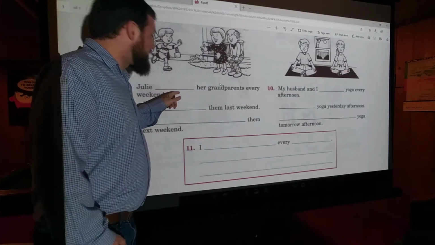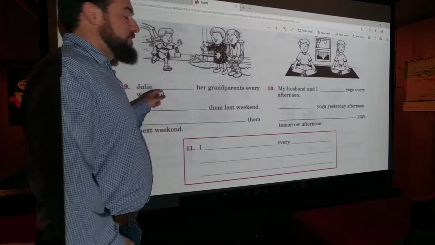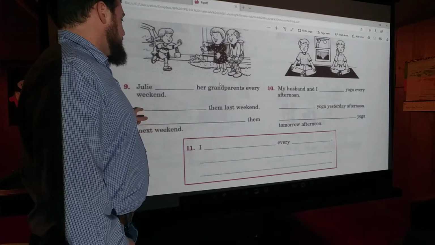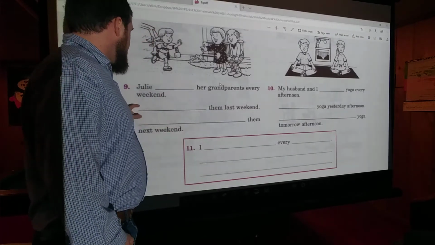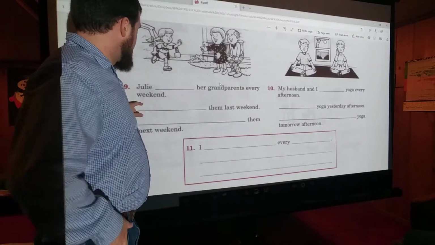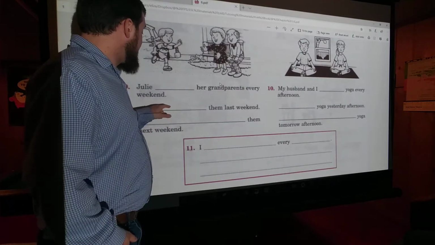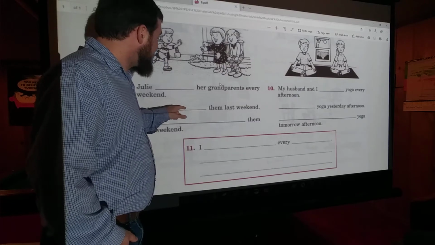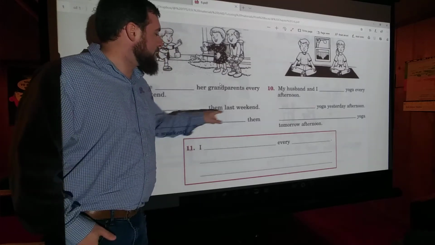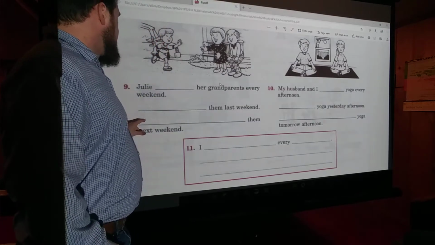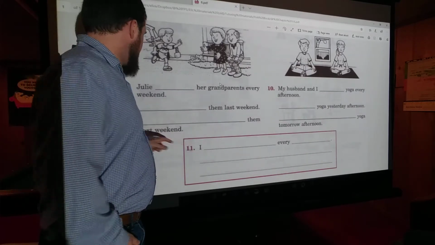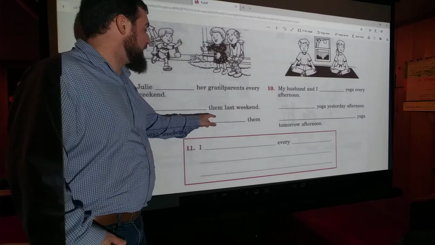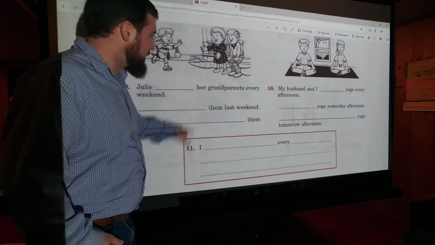V-I-S-I-T-S. Visits her grandparents every weekend. She visited them last weekend. She, capital S, she visited, V-I-S-I-T-E-D, visited them last weekend. She's going to visit them next weekend. Visit, V-I-S-I-T. Different every time.